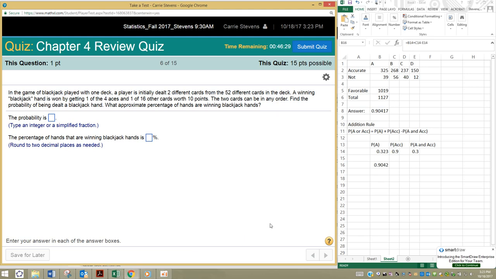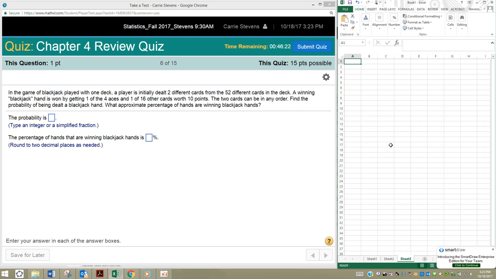Well, this one is actually quite an interesting question because it is both an addition problem and also a multiplication problem. So we will look at this in two parts.